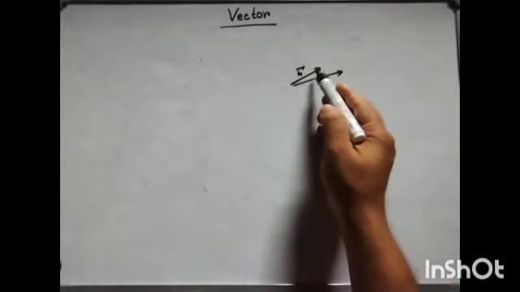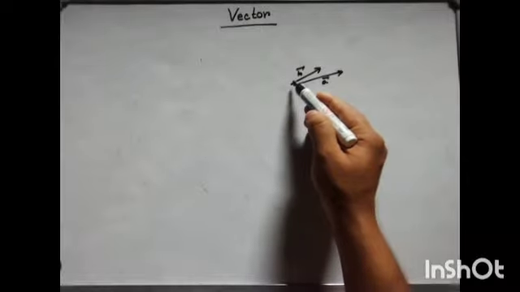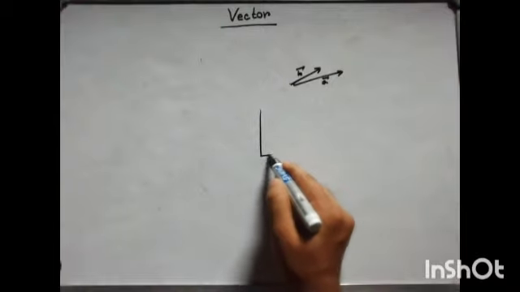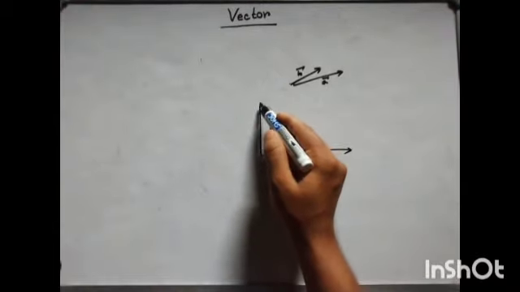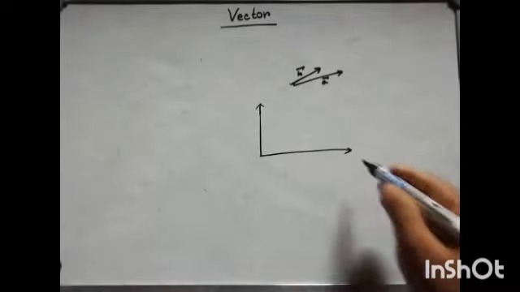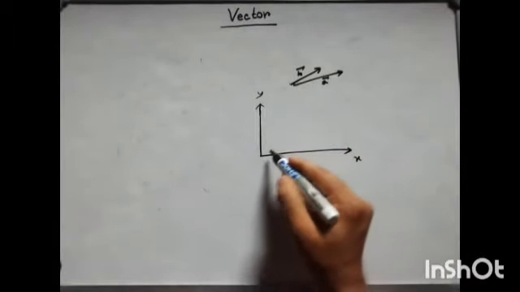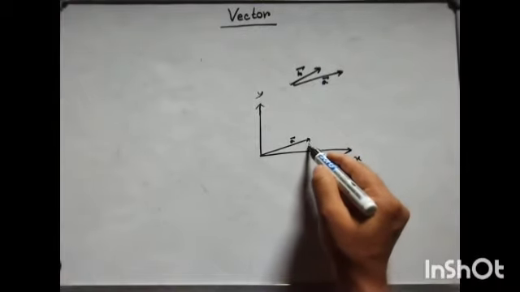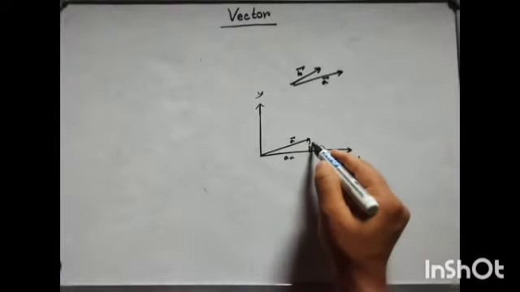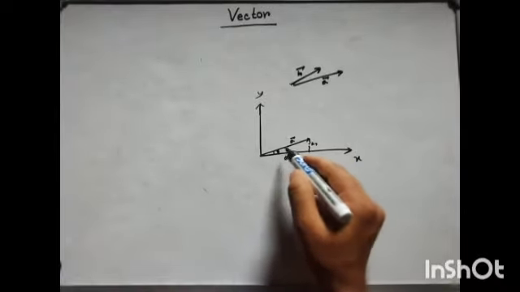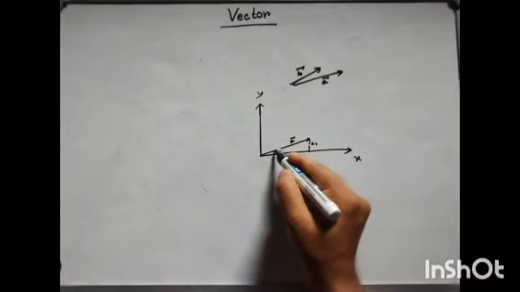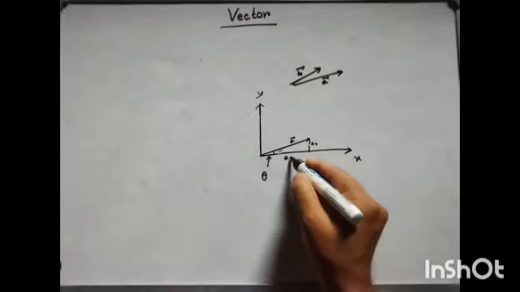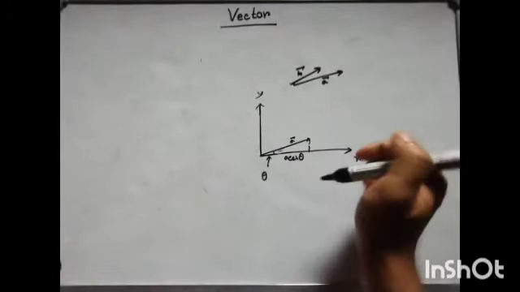Instead, we will break these vectors into rectangular components. This is x-axis, this is your y-axis. Suppose we will draw first a vector and we will break into ax and ay. If this angle is theta, then it will be a cos theta and this will be a sin theta.